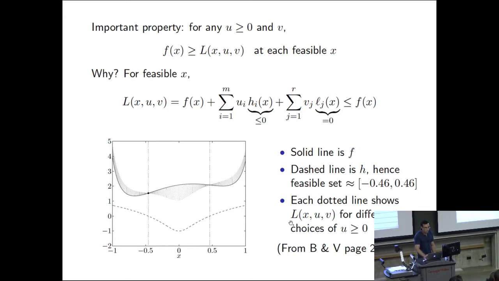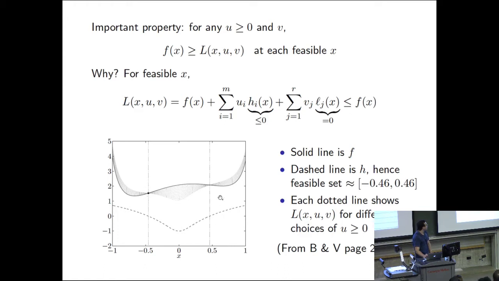We can choose a bunch of different positive values of u, and each one of those positive values traces out a particular dotted curve: fix that positive value of u, and look at that Lagrangian as a function of x. As we vary u, we get a bunch of dotted curves, which are shown here.